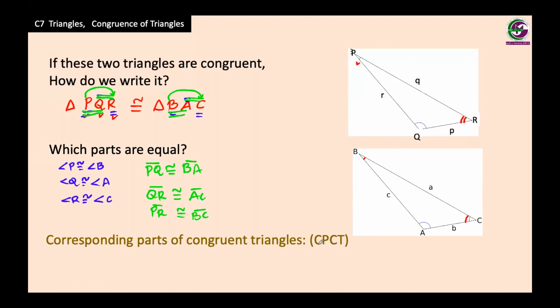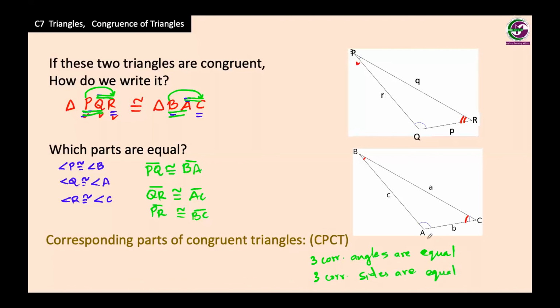Once again, if you have two congruent triangles, the three corresponding angles are equal and three corresponding sides are also equal. This is the meaning of CPCT.